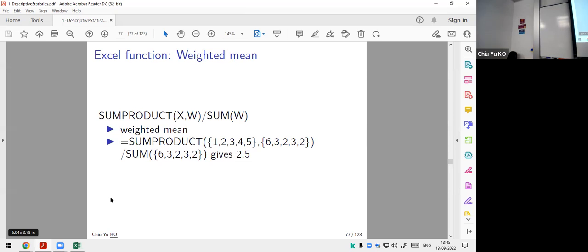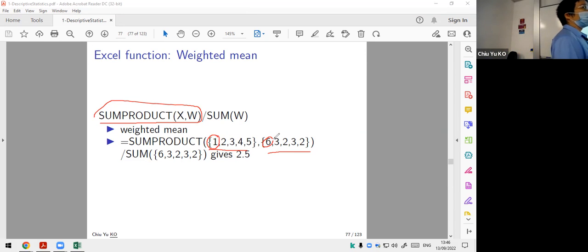What I'm doing here is we will require a function called SUMPRODUCT. SUMPRODUCT means you give it two lists. You multiply the first item of the first list by the first item of the second list, so 1 times 6.